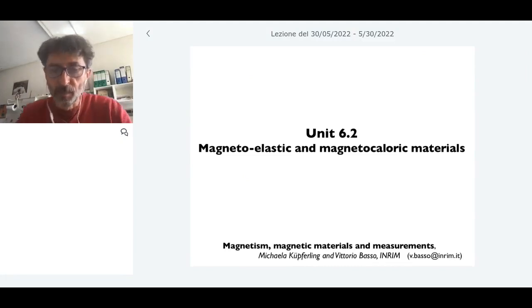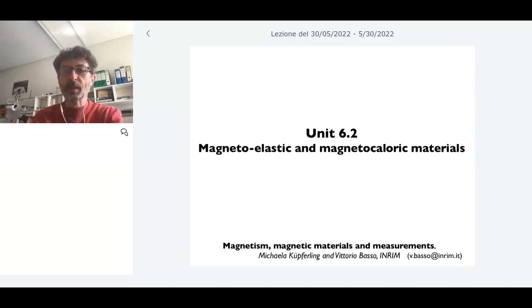Okay, so this is the second part of lecture 6, unit 6.2. In this second part, we deal with different classes of magnetic material that have, let's say, coupled effects, where we look at magnetism in connection with other effects.